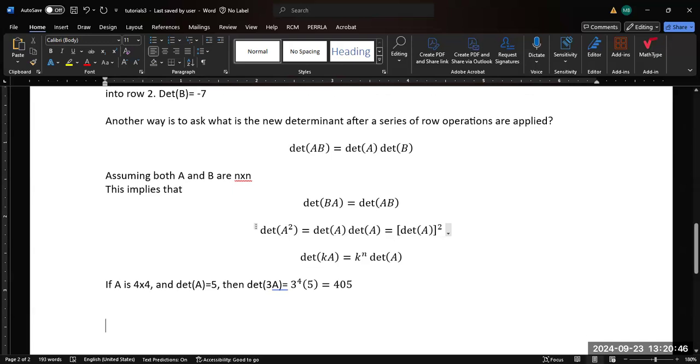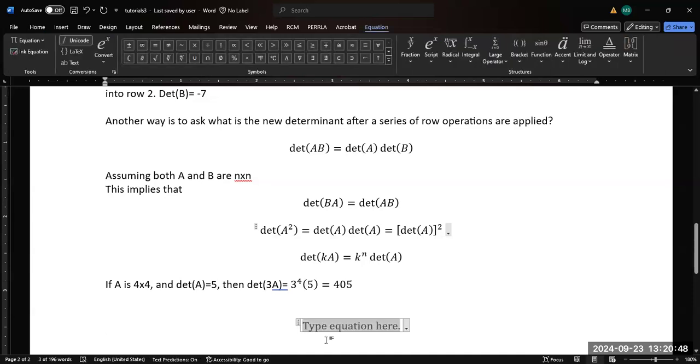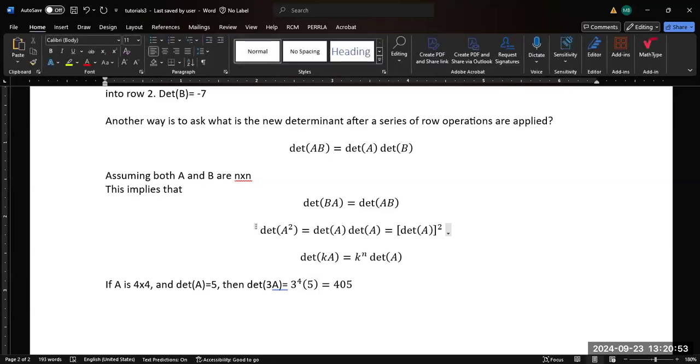And so these properties can be tested, again, without having an actual matrix in front of you, just by asking questions about the properties. For example, suppose that det A is equal to -4 and that det B is equal to 3. What is the determinant of the matrices below?